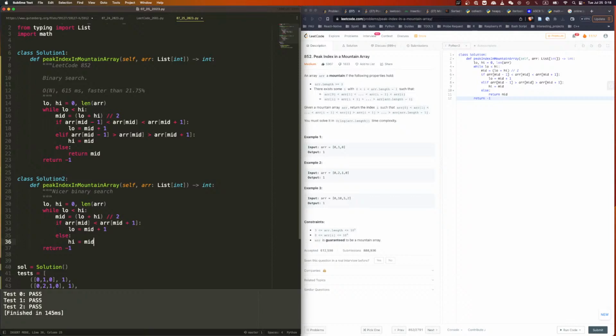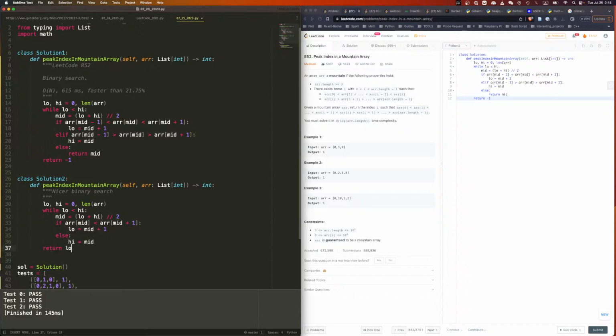And otherwise, if array mid is larger than, then we do this. And eventually, when we get out, because low moves to mid + 1, so mid is this, and then low we move this.